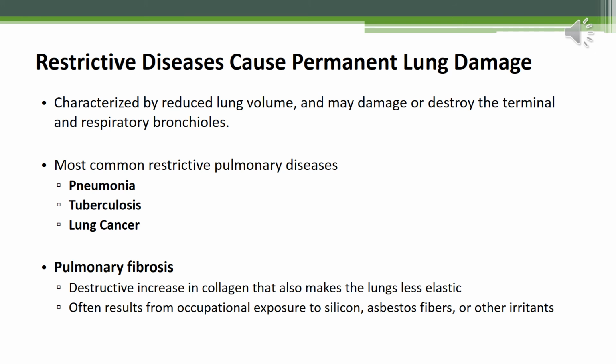There's also pulmonary fibrosis, which is a condition where we have an increase in destructive collagen that also makes the lungs less elastic. And this usually results from occupational exposure to silicone, asbestos, or other similar irritants.